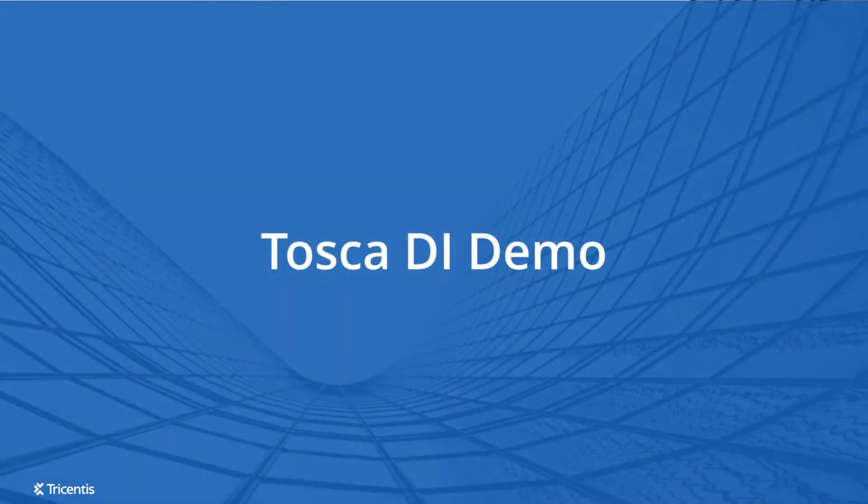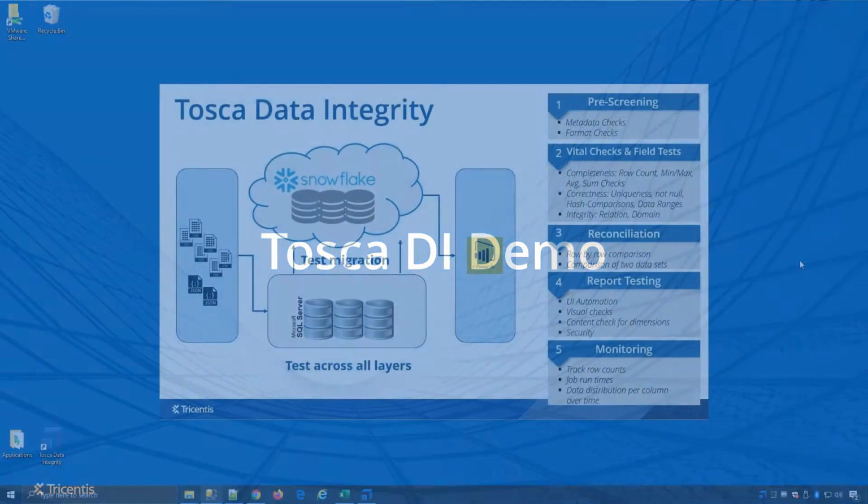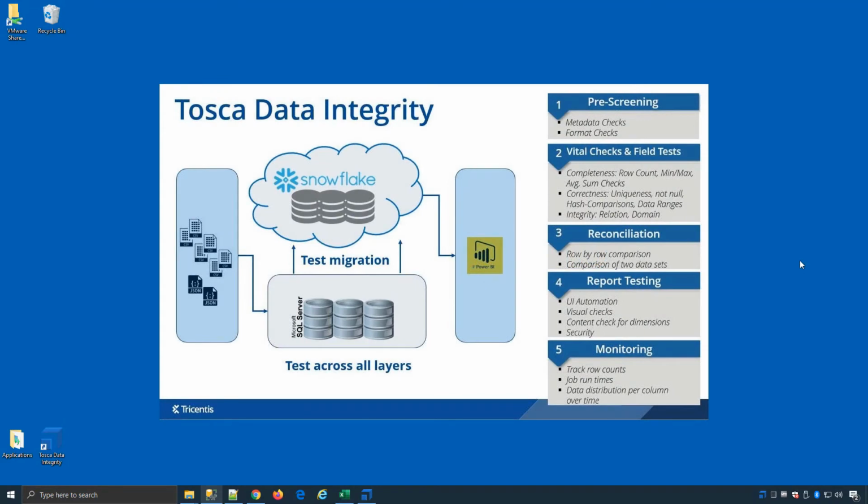So let's have a look and see how we can create, maintain, and execute all these different types of tests in Tosca Data Integrity. Before we jump in, let's have a quick preview of my environment and data that I'll be using to set up our tests with Tosca DI.